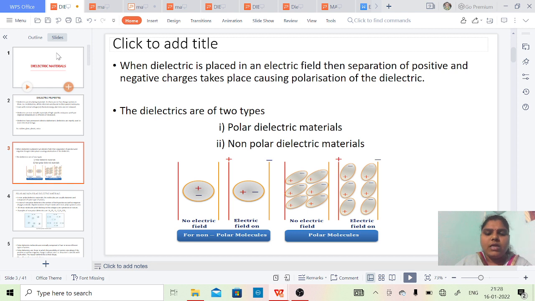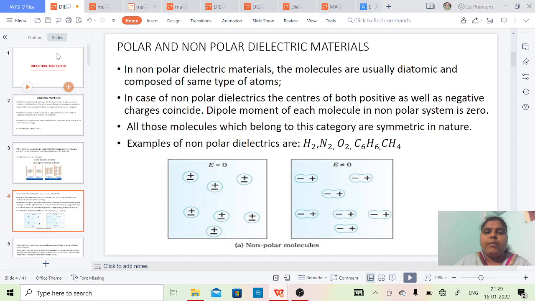See here, in the first diagram there is no field, and in the second diagram the electric field is on and the separation starts. When there is no electric field, the non-polar molecules are like this, and the polar molecules are like this. Next, polar and non-polar dielectric materials.